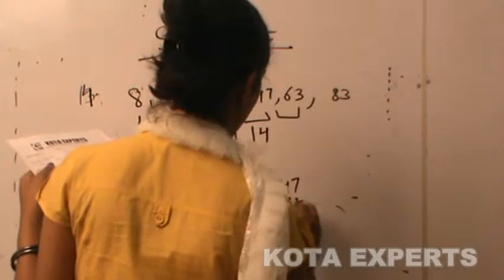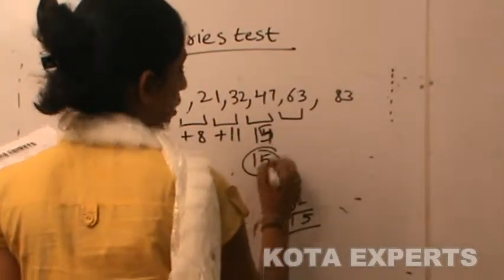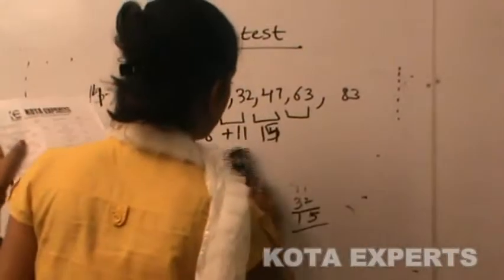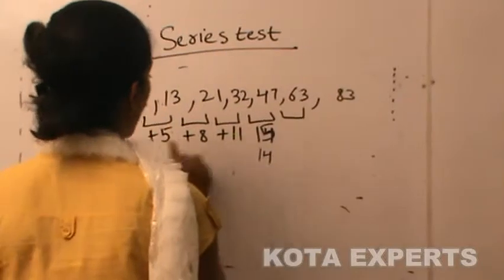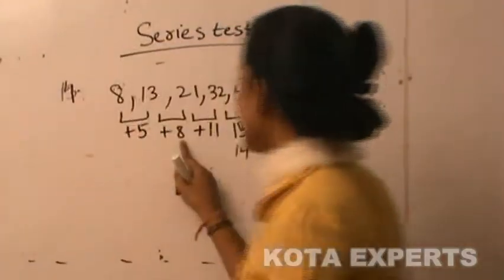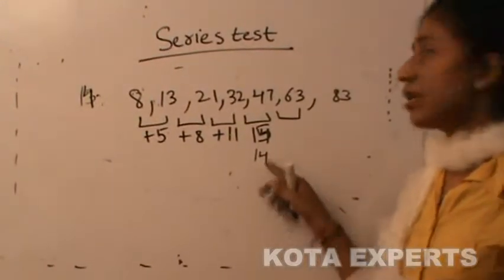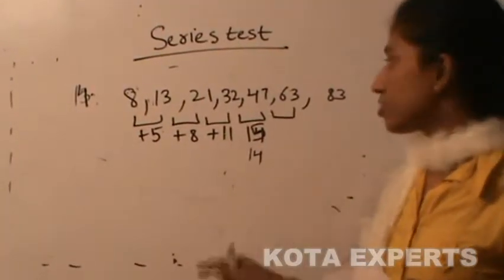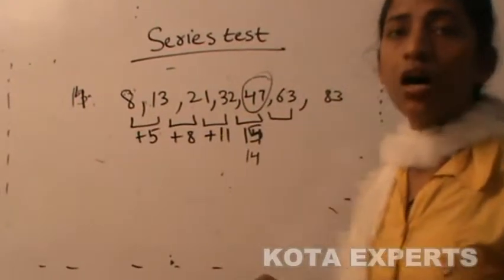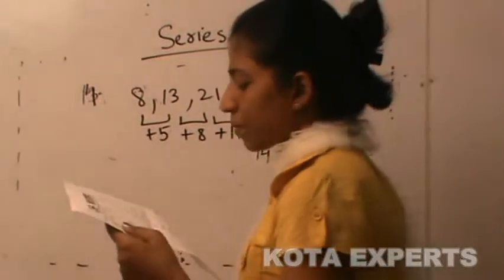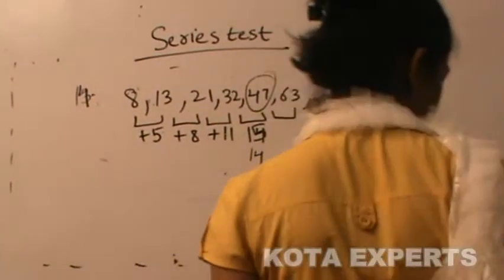The difference is 15, but the difference should be 14 because 5 plus 3, 8. 8 plus 3, 11. 11 plus 3 should be 14. But here it is 15. So 47 is the wrong choice. So the correct option is D.